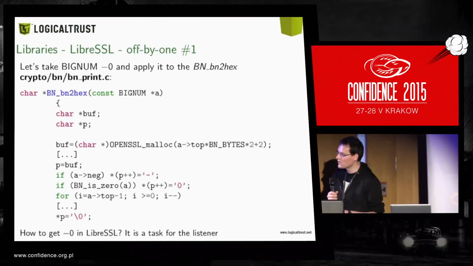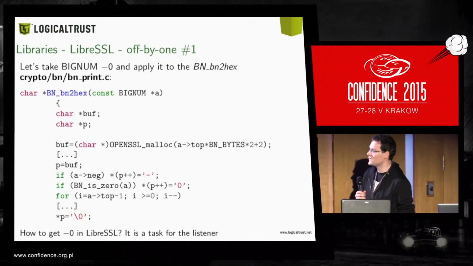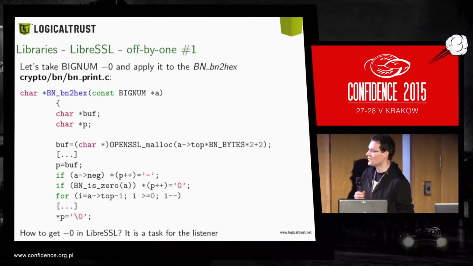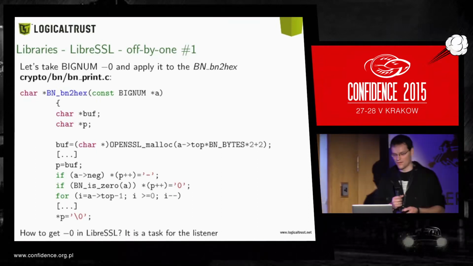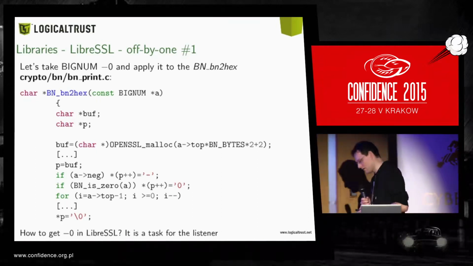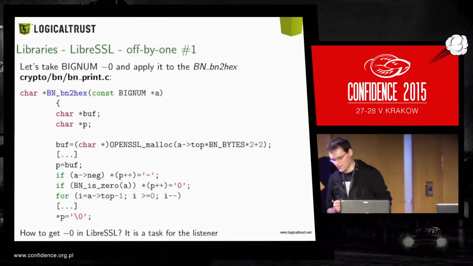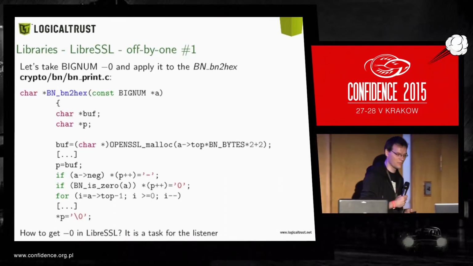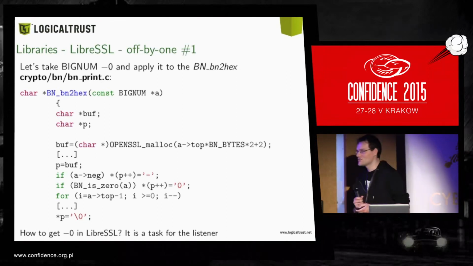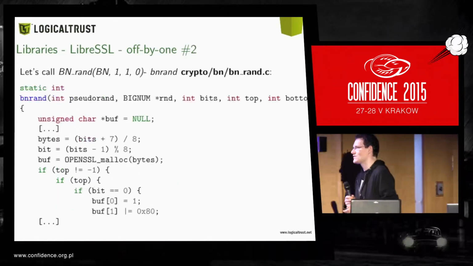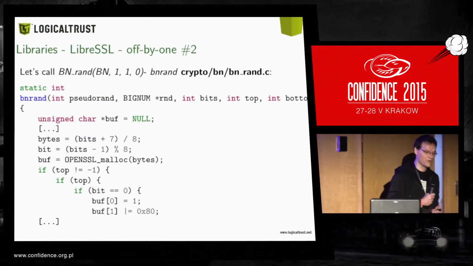But in fact, we write 3 bytes to the string p. One byte is written here, one here, and one here. So we get a classical off by one bug, which probably can't hurt us as much as Heartbleed, but obviously it shows that something is wrong with this library.